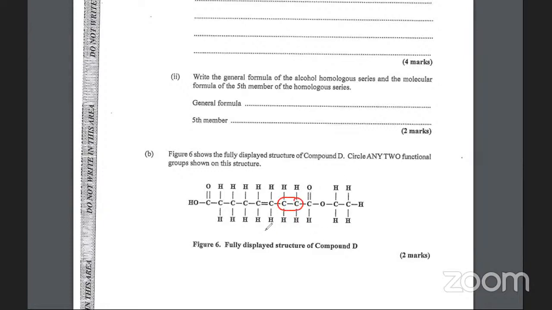That's alkane. We have a carbon to carbon double bond, that's alkene. The COOH, that's carboxylic acid. This bond here, that's ester.